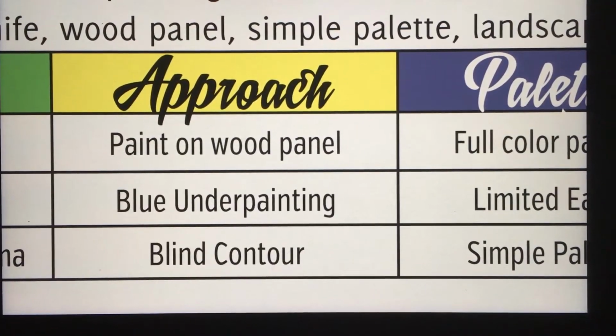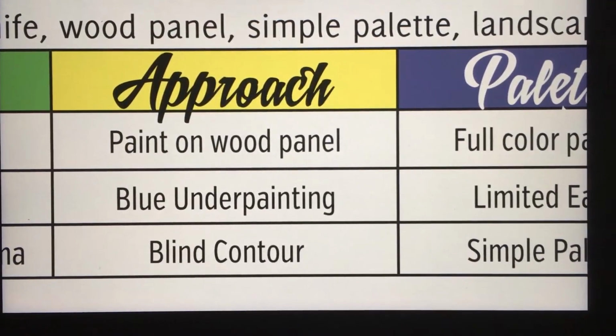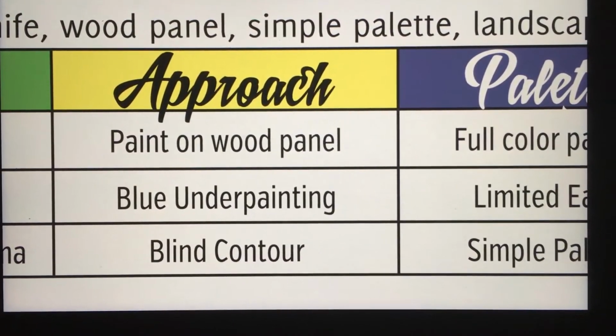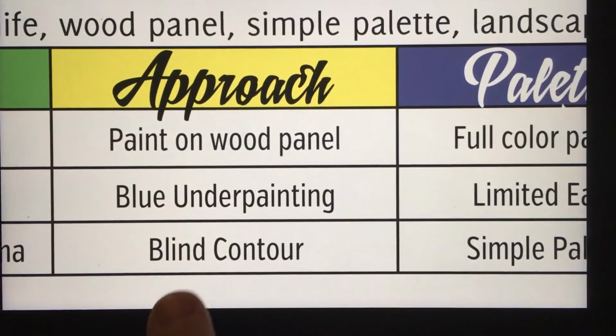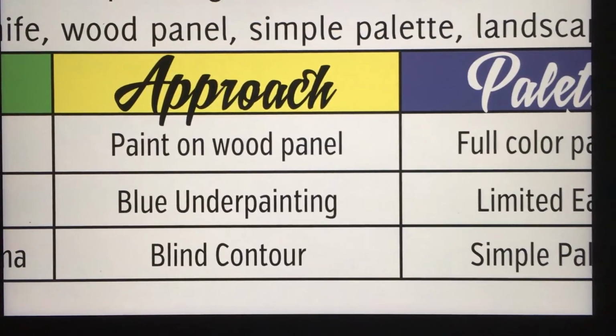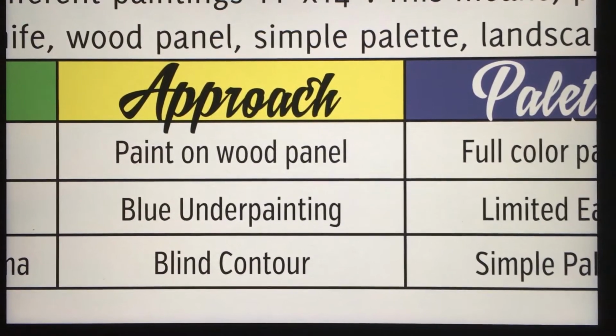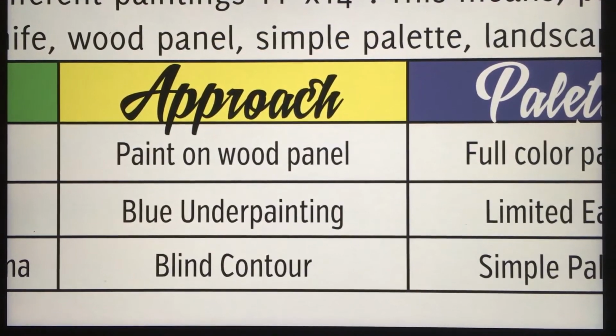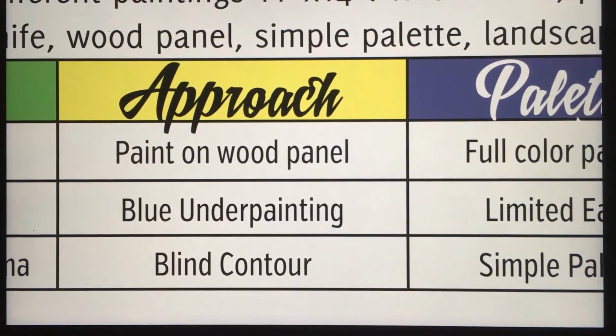There is an example of that from last semester, and I think from last spring as well. Then the last approach that you could try is a blind contour, where you're looking at your subject, but you're not really watching the board or the panel as you go to paint.